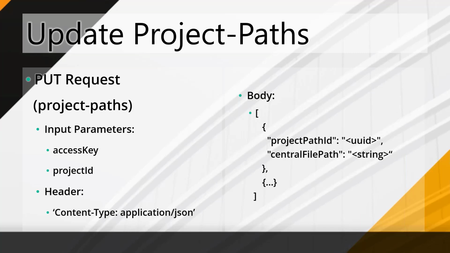If you're creating a new path, when you're doing this association, you can also associate a central file path with it. So then it will create the central file path, it will build the project path ID, or you can supply one, and it will associate that with the actual project ID that you've specified over here. So you can actually associate a bunch of paths with projects very quickly in an automated way.